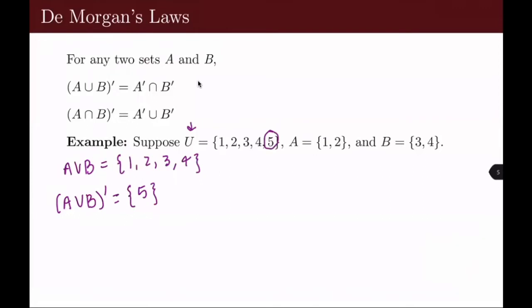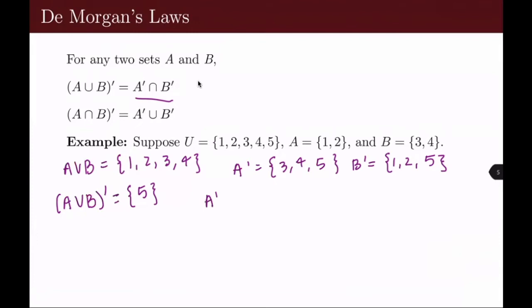Well, let's see if this works if we also do A complement intersected with B complement. A complement is everything in U, not in A. So that's going to be 3, 4, 5. B complement is going to be 1, 2, and 5, because we don't want the 3 or the 4.